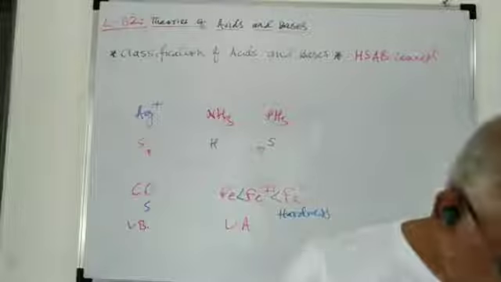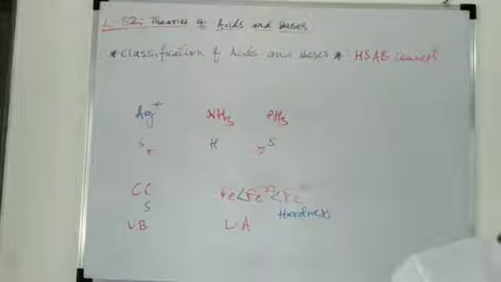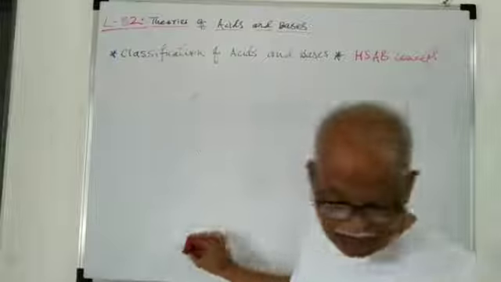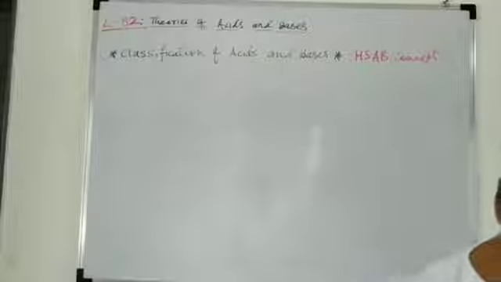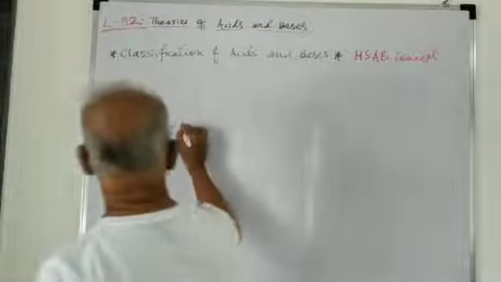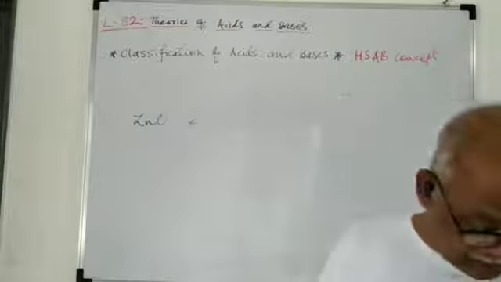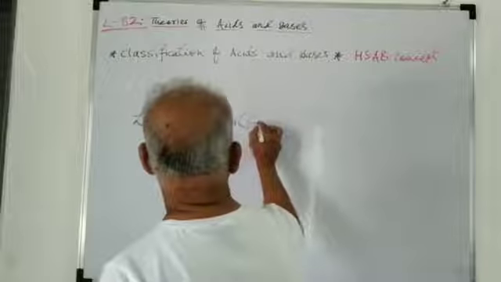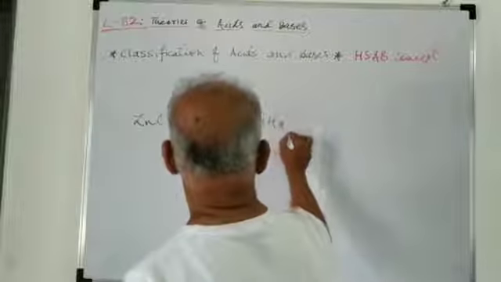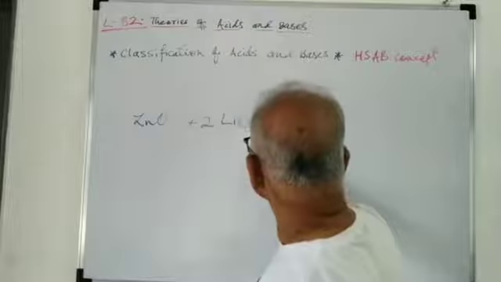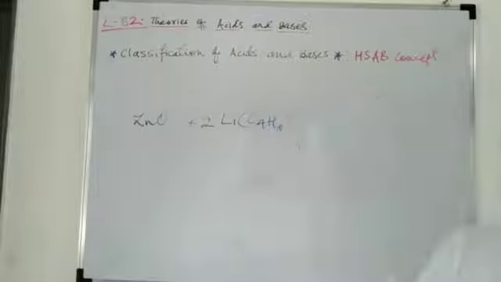Similarly, we can have another example such as zinc oxide, ZnO, plus we will consider another compound, C4H9 Li.